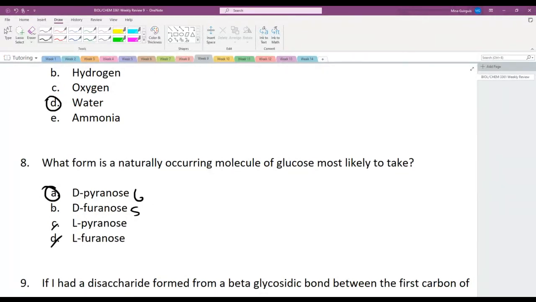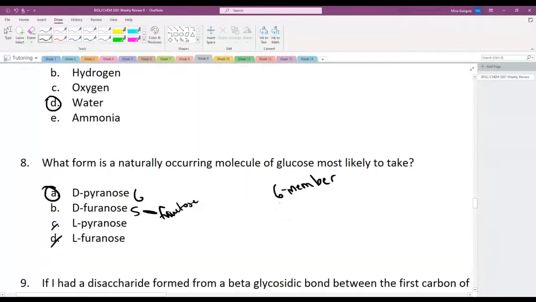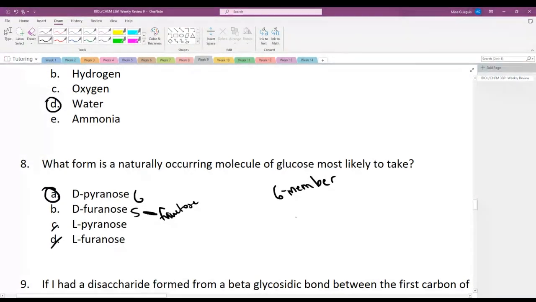However, the reason that this is the case is, and there are exceptions to this. So I want to mention fructose tends to form furanoses. All right, fructose tends to form furanoses. However, 6-member rings, as I'm sure you either remember or try to block out of your memory from organic chemistry, 6-member rings are more stable.